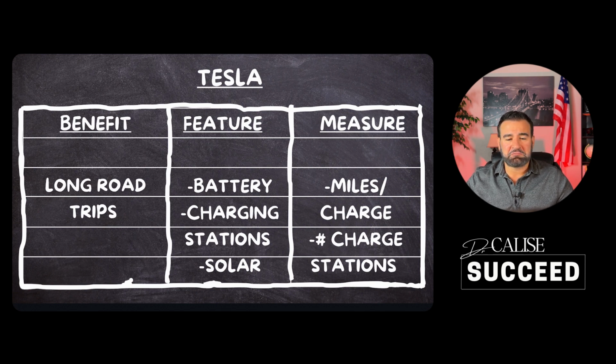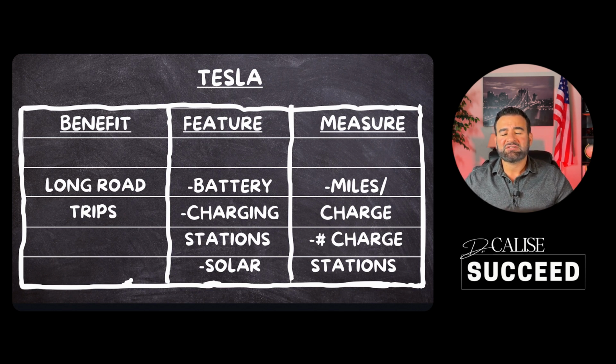Gas takes 5 minutes to actually pump and fill up your tank, if that. But for EVs, it could take 15 to 30 minutes. So those are some issues and some features that need to be developed in order for this segment who needs a vehicle for long road trips to feel comfortable to buy a Tesla or an electric vehicle.